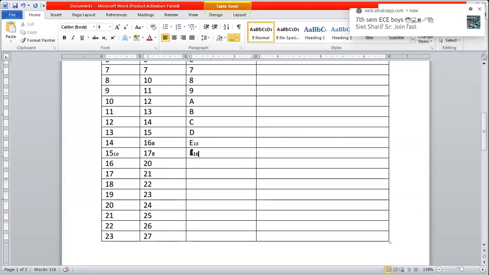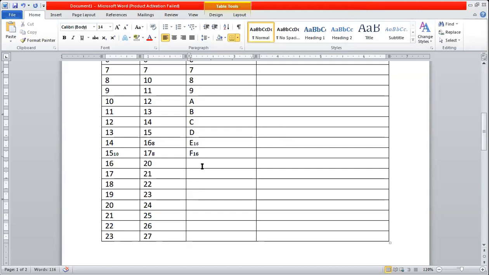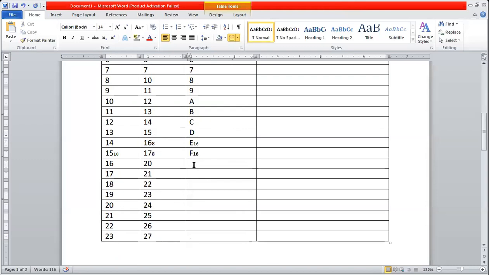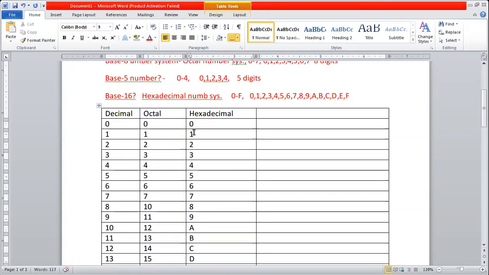So what after F? We don't have any digit after F. So what is 16 in decimal represented as in hexadecimal? It is 10 again, because we don't have any next symbol after F. So we are now combining two digits, 1 and 0.